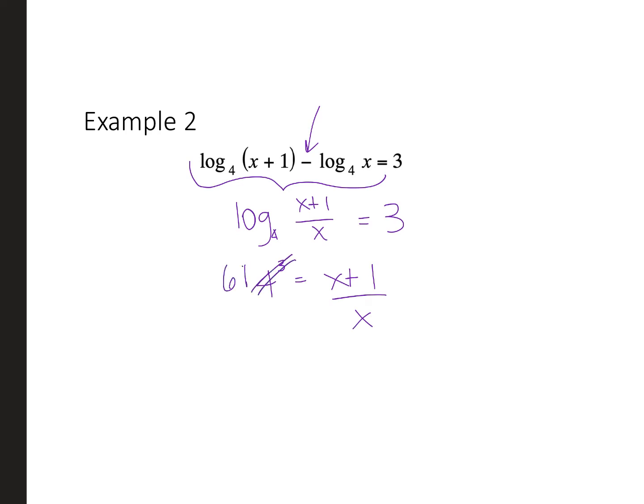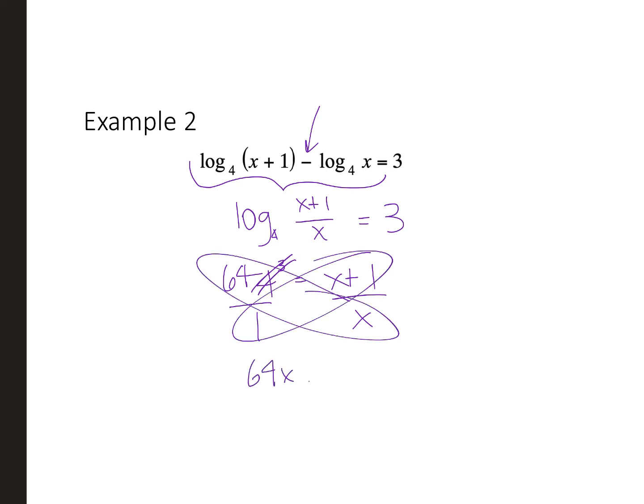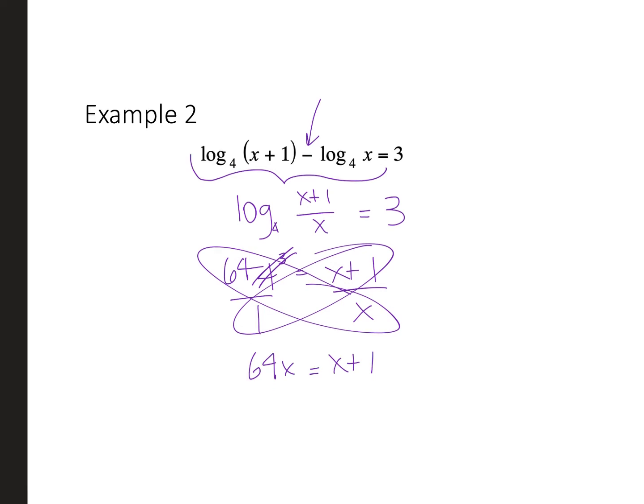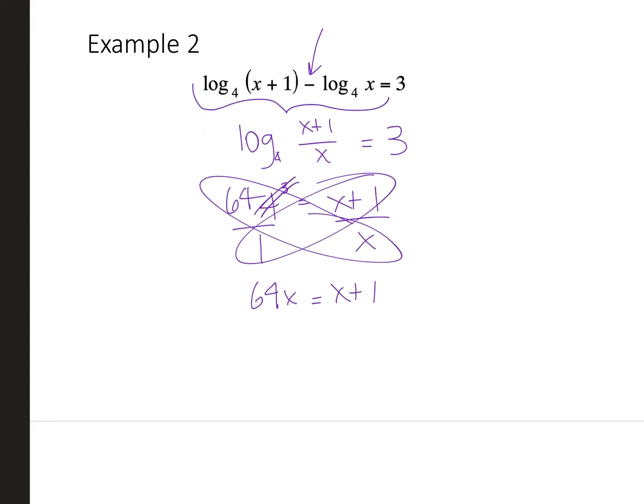So let me just change that to a 64. I'm going to cross multiply to solve this, giving me 64x equal to x plus 1. All right, moving this x to the other side, I get 63x equals 1. And then dividing by 63, you get 1 over 63.